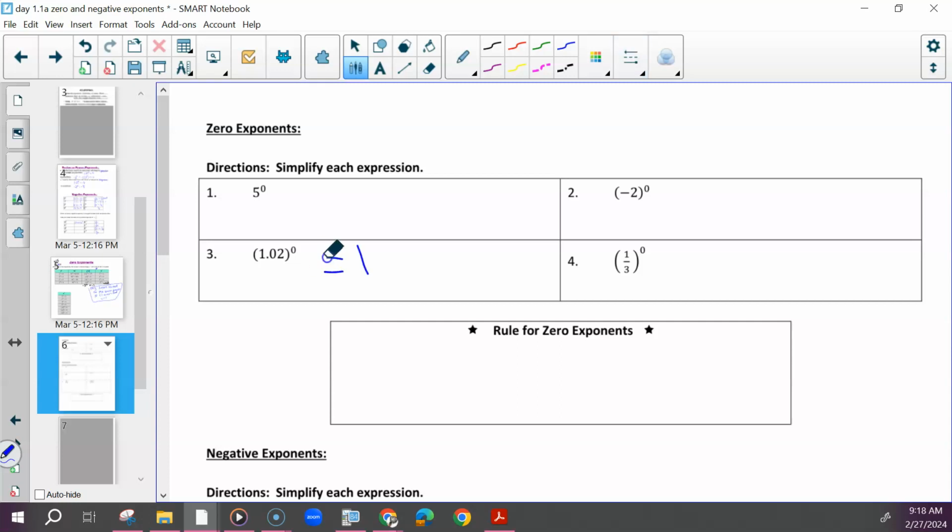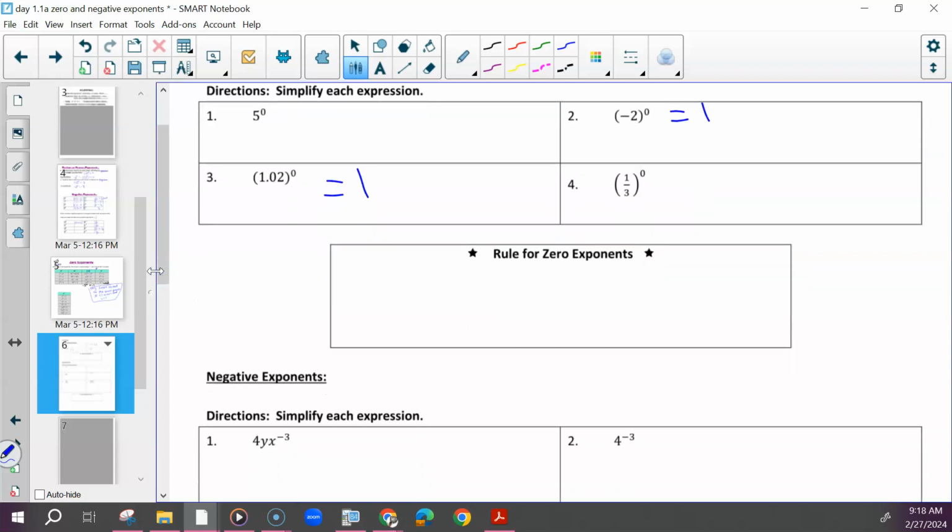Negative 2 to the 0 power, also 1. If it didn't have parentheses, then it would be negative 1. So if you want to rewrite that rule from the previous page, anything to the 0 power equals 1. I'm going to put a note about negative bases.